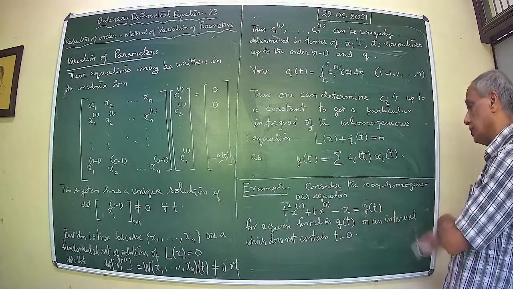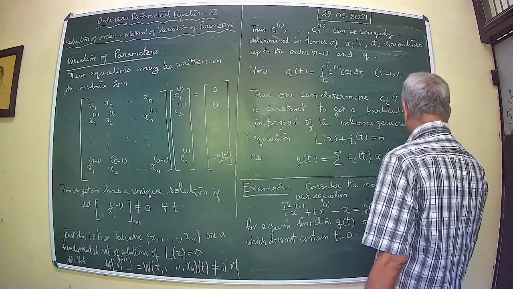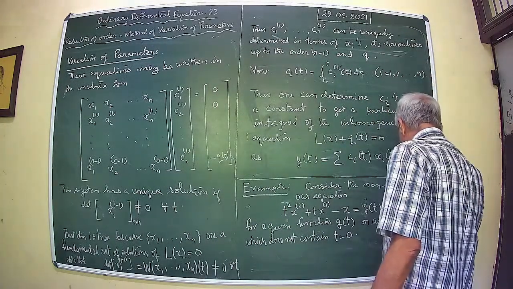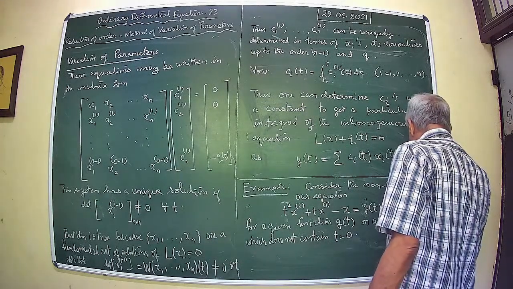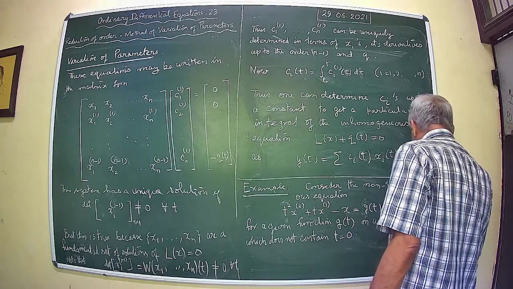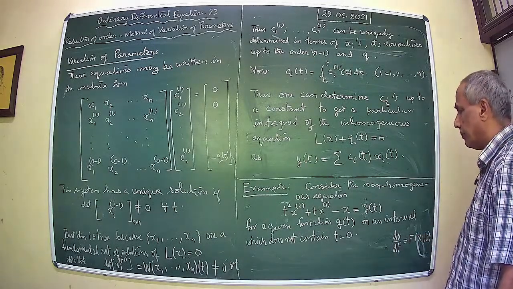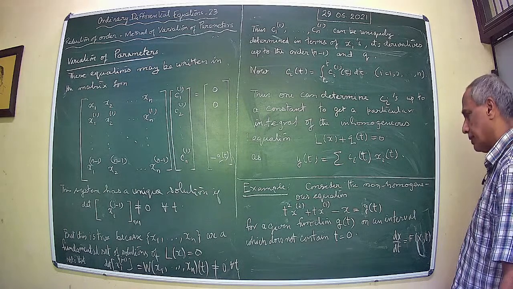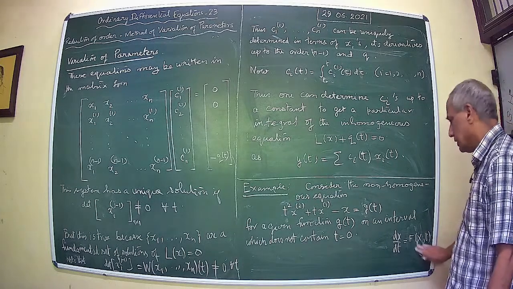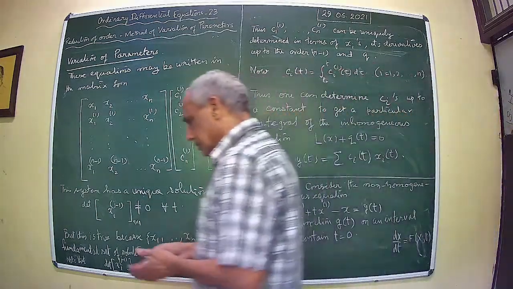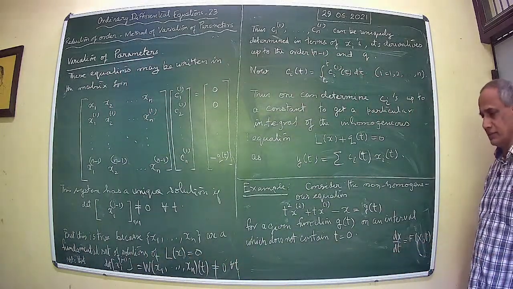If you transform it into a system, if you rewrite it in the form dx by dt equal to F of x, t, then you see that the terms would contain 1 by t and 1 by t square, which will just make it difficult for capital F to satisfy the conditions of the existence and uniqueness theorem.